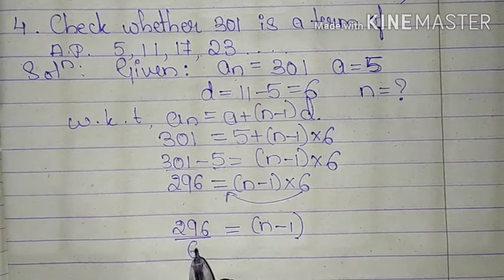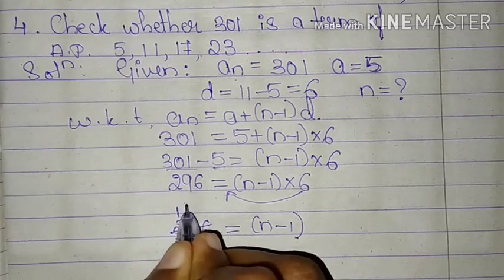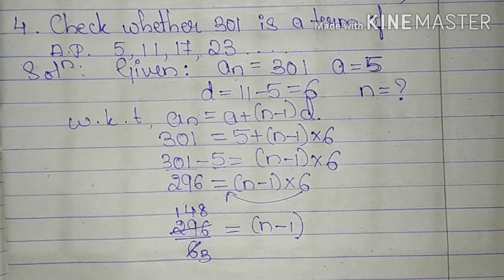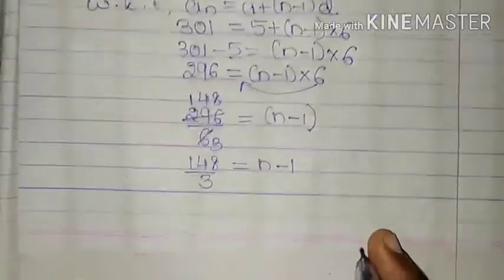Since both are even numbers, let's try cancelling them. 2 3s are 6, 2 1s are 2, 2 4s are 8, 2 8s are 16. So it is 148 by 3 is equal to n minus 1.